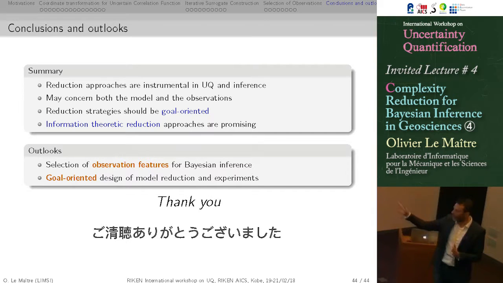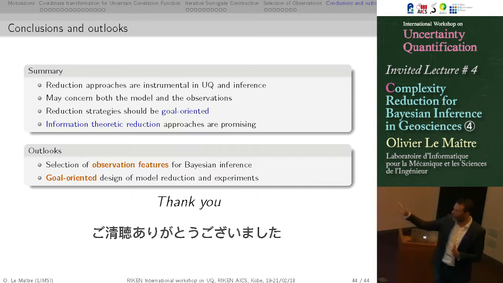I mean, on the model, so using surrogates, on the input data, if possible, having a nice parameterization, that's the hyperparameter, but also on the other hand, the data: how to represent or extract information from the data prior to using them.